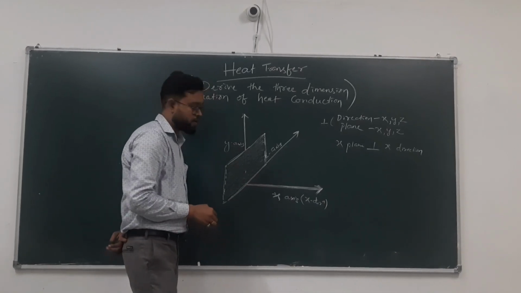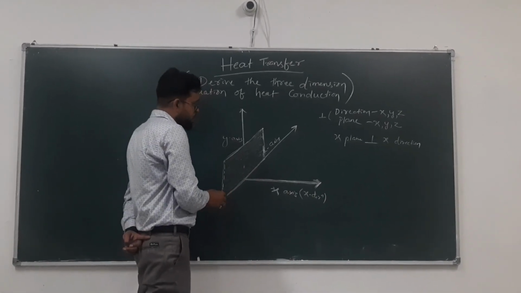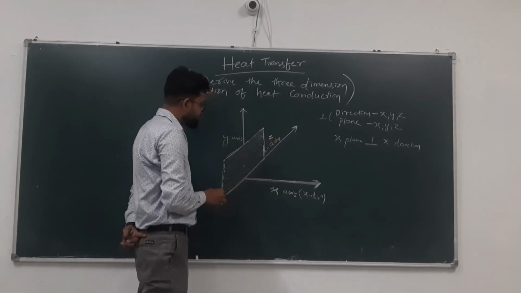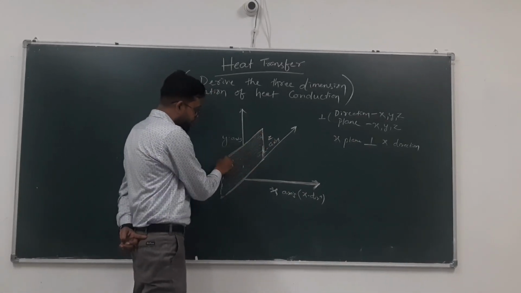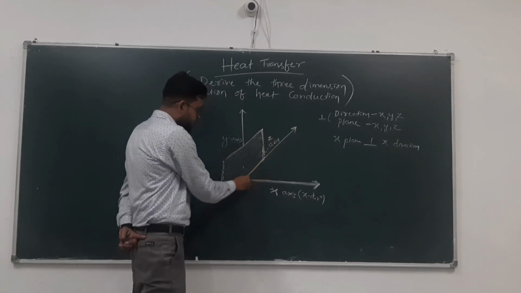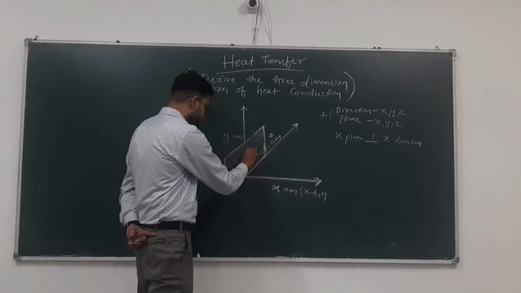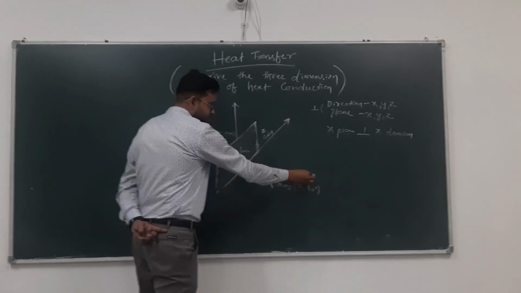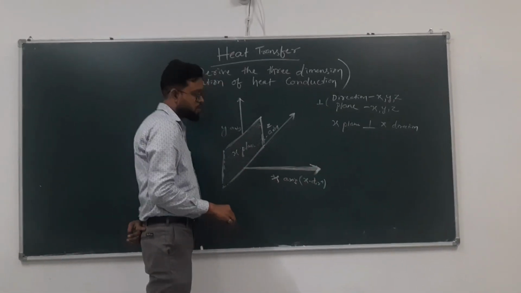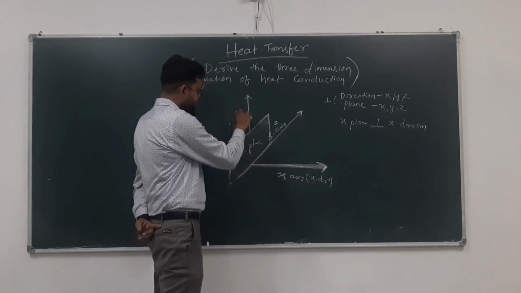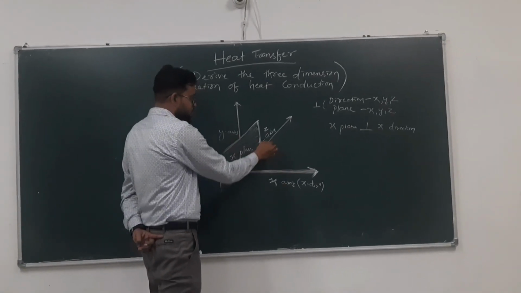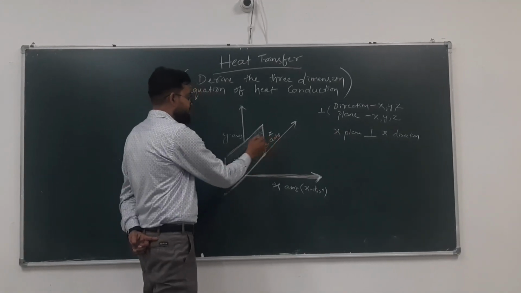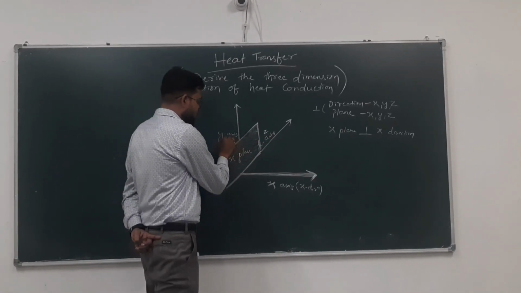This is the x plane. Similarly, y and z planes are also available. So this plane is called x plane, which is perpendicular to the x axis. Similarly, in y direction, the plane is in between x axis and z axis. Similarly, for z axis, it is in between x and y.